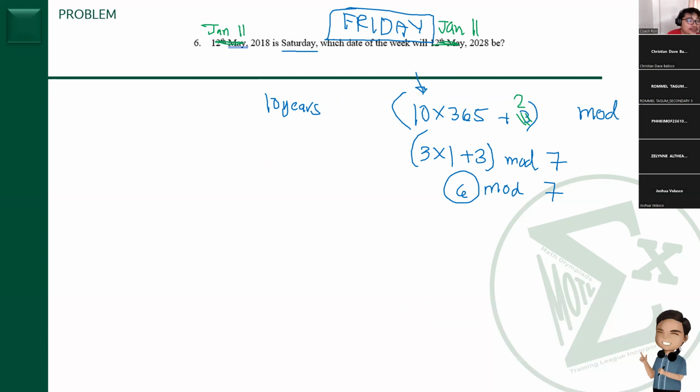For it to be counted as a leap year on that year, it has to pass February 29. May passed February, so it's fine. But January didn't pass February, so for year 2028 I'm not gonna put my +1. I know it's still a leap year, but don't put the +1.